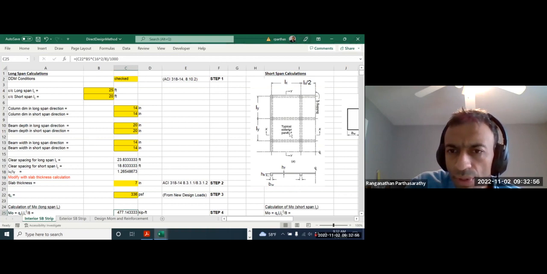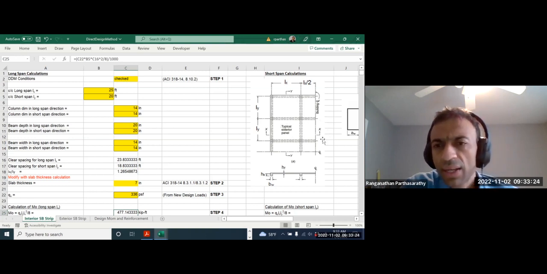In the long span, the slab moment of inertia is the same as for the interior panel. If you see bending in this LX direction for this exterior panel and interior panel, your slab moment of inertia is actually the same. There is no difference.